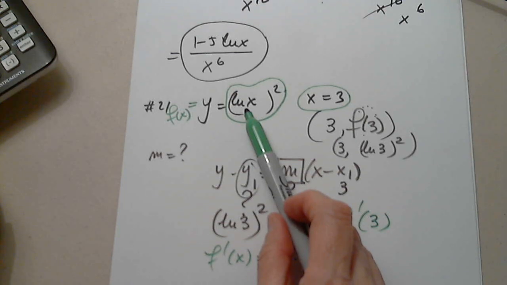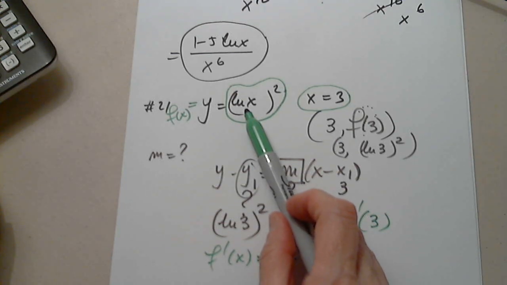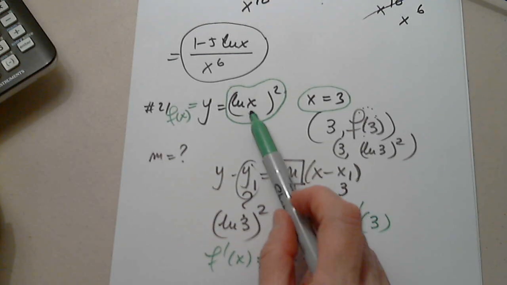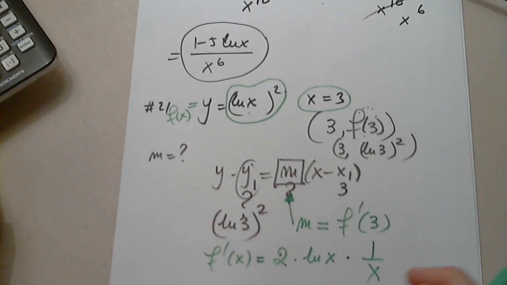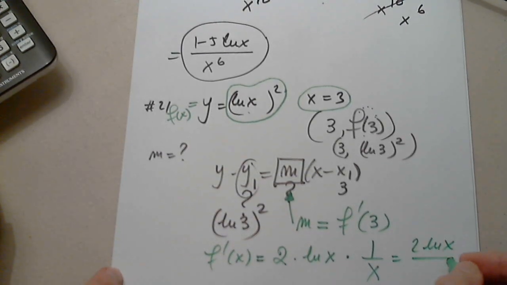What was I saying? Why was I so happy? The derivative of natural log x, which is 1 over x. Thank you. Times the inner function prime, which is 1 over x. So this is 2 natural log x over x.